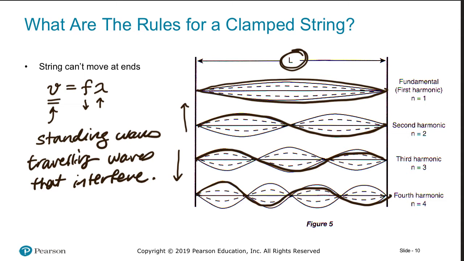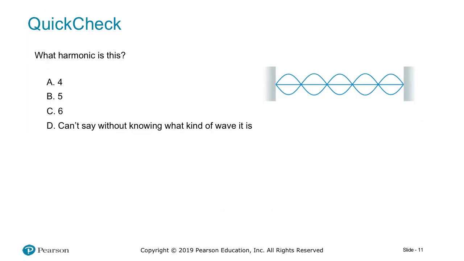The frequencies that are just the right frequencies will interfere in such a way that they always enhance and destroy one another to create a standing wave. And so these standing wave vibrations are made of traveling waves that are interfering in such a way as to give the illusion of a wave that's standing still. And that's very important.